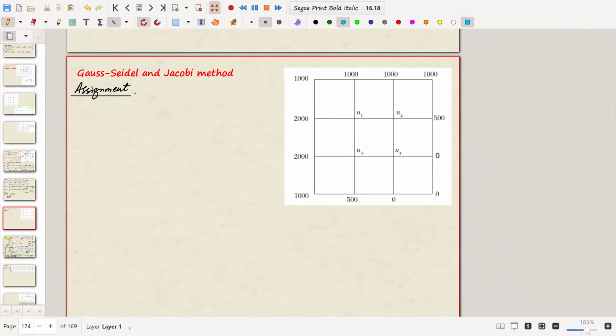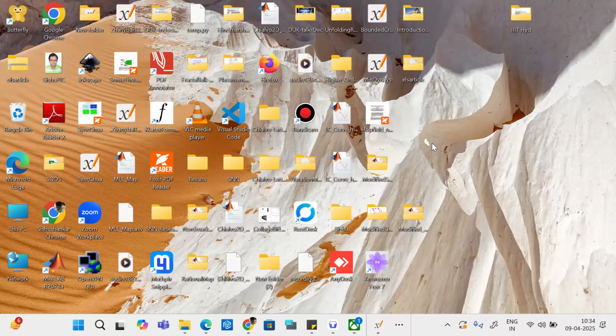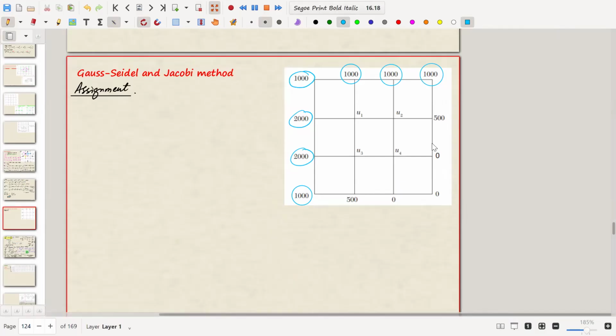If you are given these values, 1000, 2000, all the values on the boundary, these are your points. Now, what I suggested is that we don't have these values u1, u2, u3, u4. So how are we going to find them?